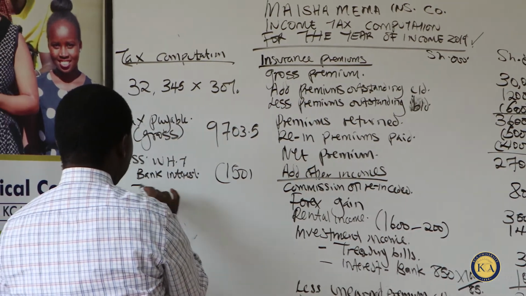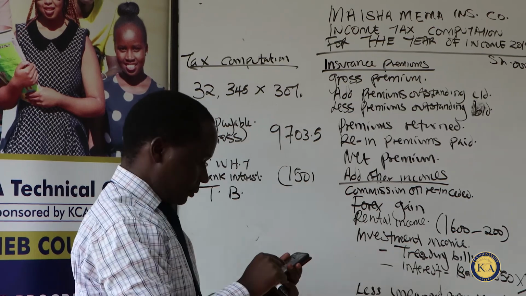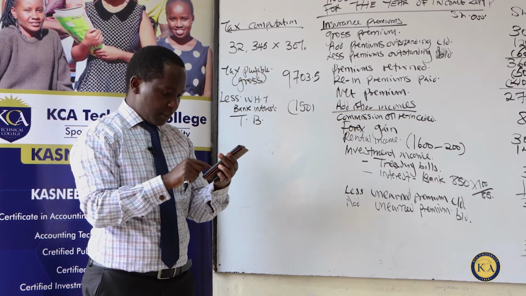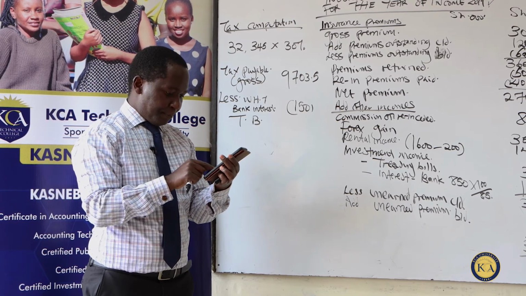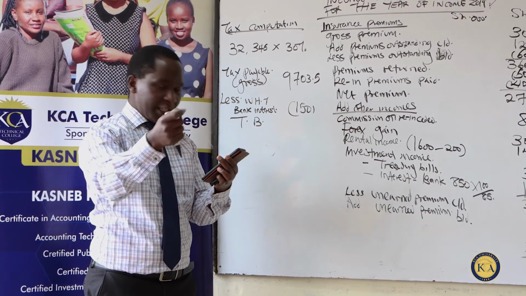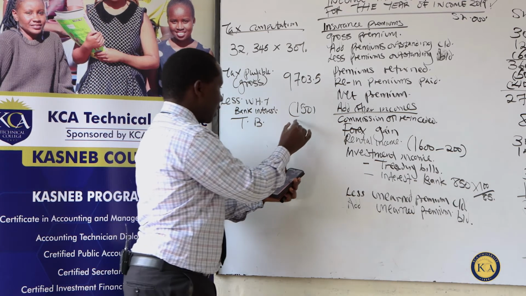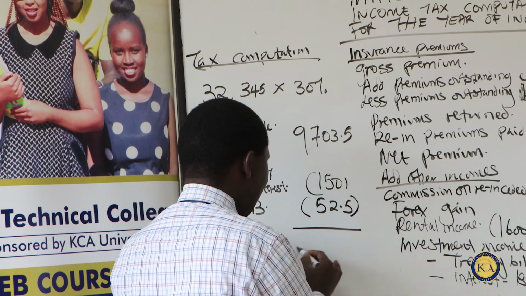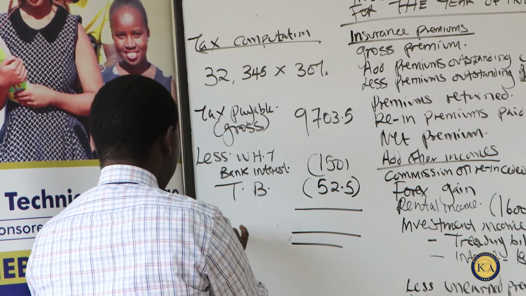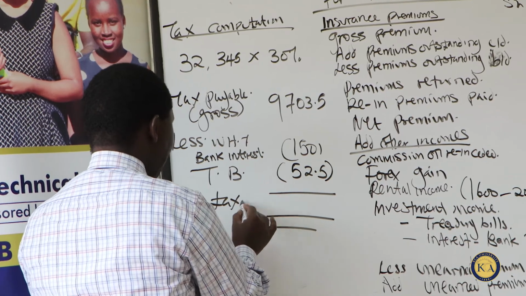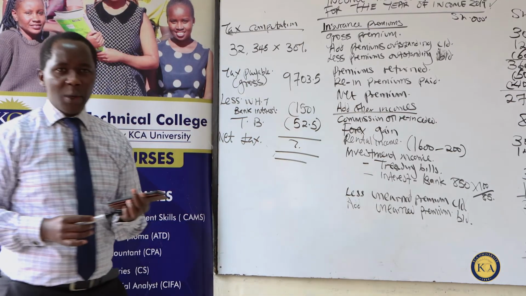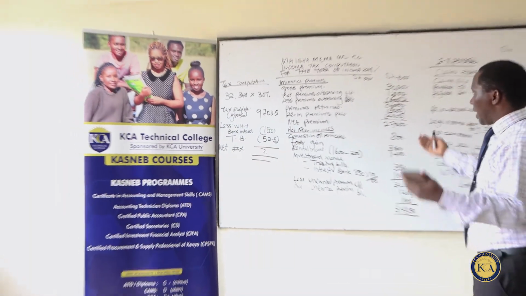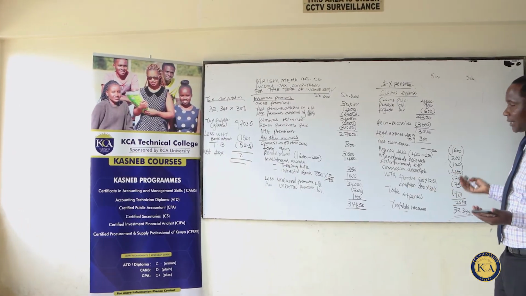And then on the treasury bonds, again it is 350 multiplied by 0.15. The withholding tax that had been deducted was actually 52.5. So we deduct those amounts, and this will give us the net tax payable, which is the final answer that you are looking for. And this is basically how you are required to compute tax for this insurance company.